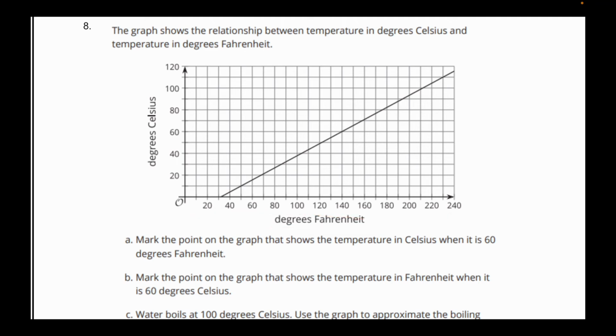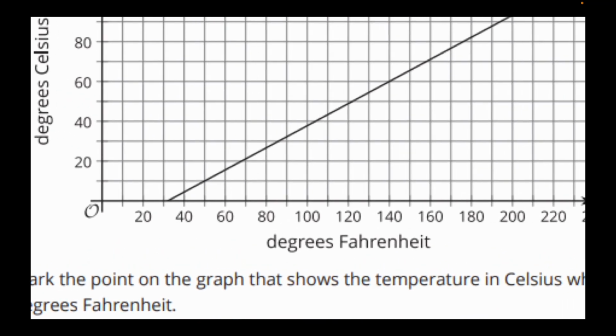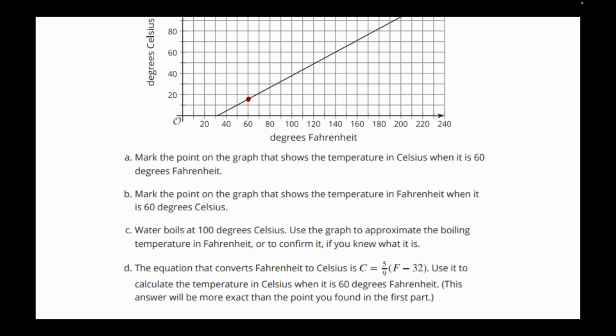And I am going to find 60 degrees Fahrenheit here. Found 60 degrees. I'm going to follow that upwards and then mark that point on my graph. But I'm not going to do it with my laser pointer. So that would be right there. Okay, I marked that point.